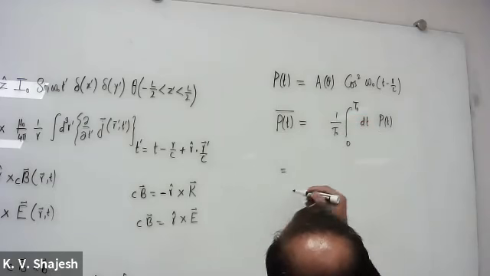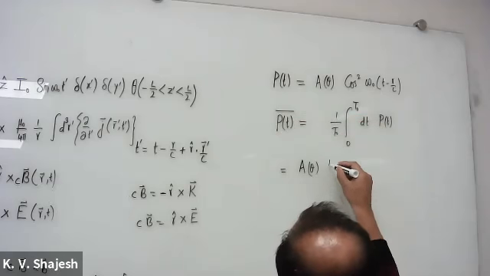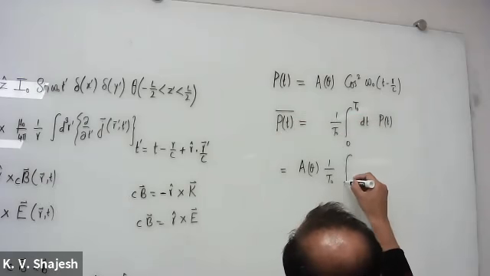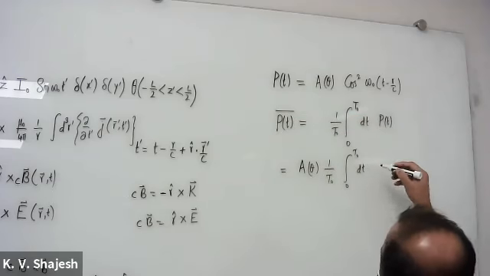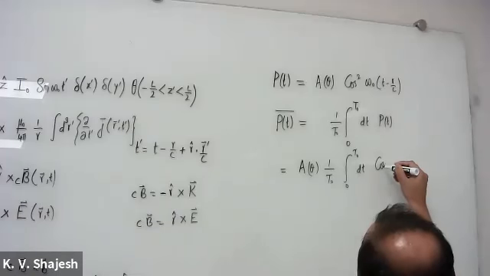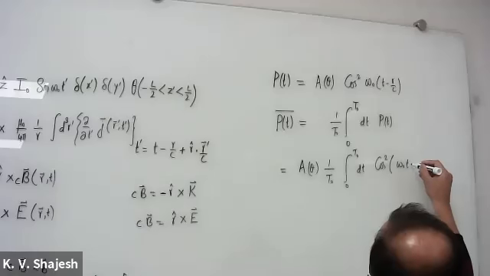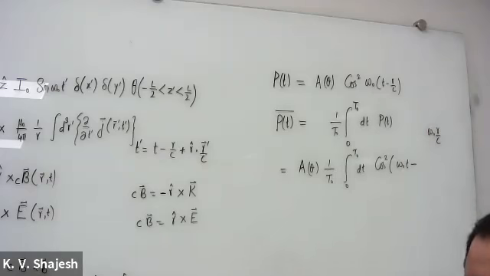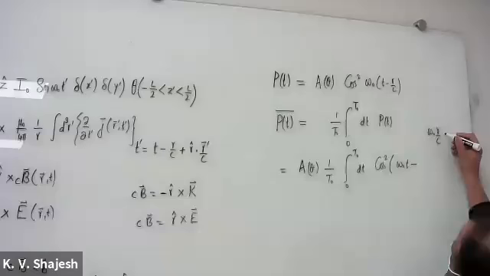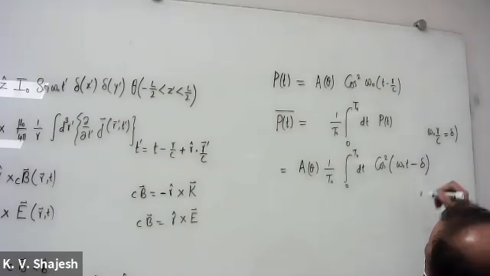That is 1 over t naught, integral from 0 to t naught of dt cosine square of omega naught t minus omega naught r over c. That last term is not time dependent, so as far as the time integral goes, it's basically just a phase. Let me call that delta.